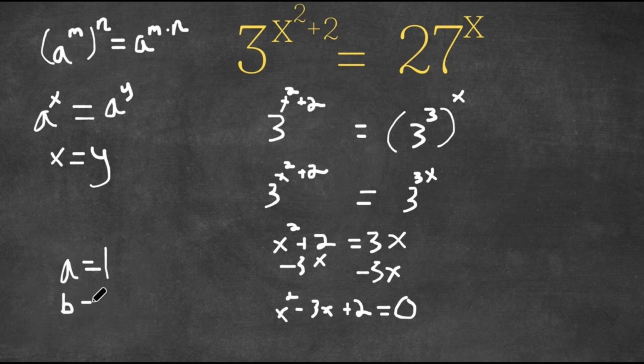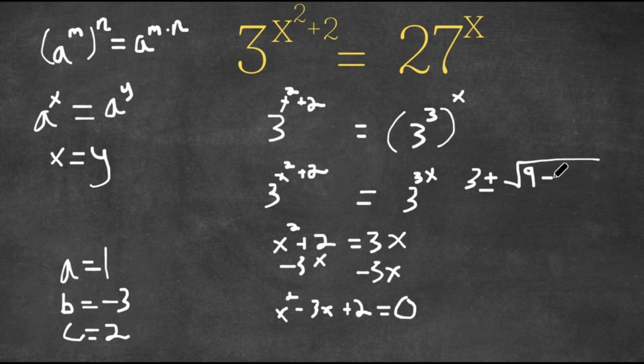b is negative 3, and c is 2. So now if we plug this into the formula, we get negative b, so 3, plus or minus the square root of negative 3 squared, which is 9, minus 4 times 1 times c, which is 2.